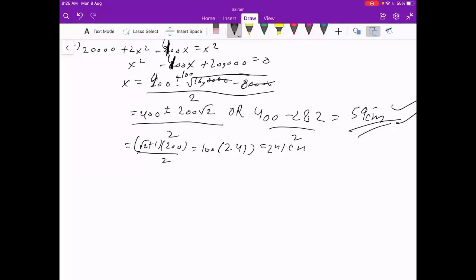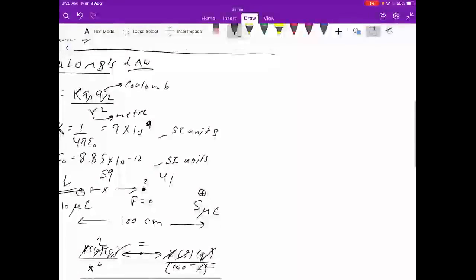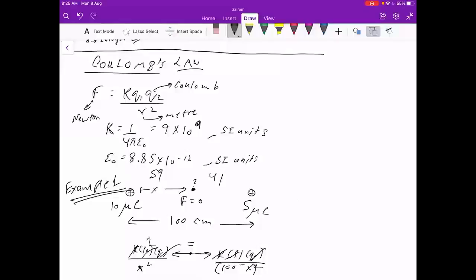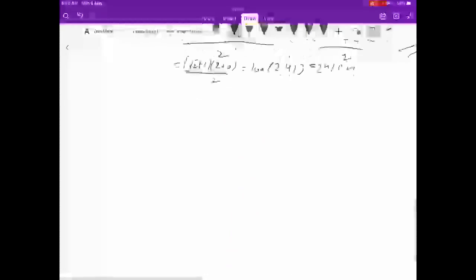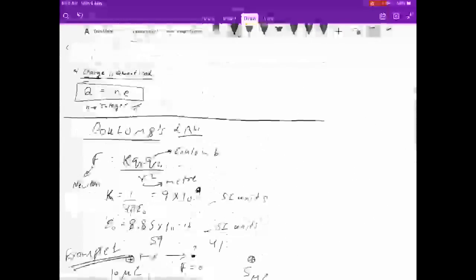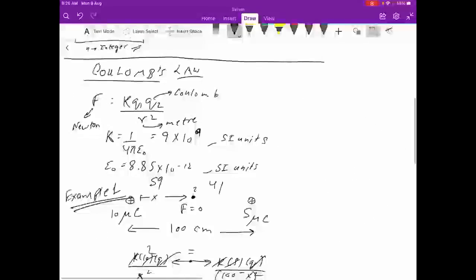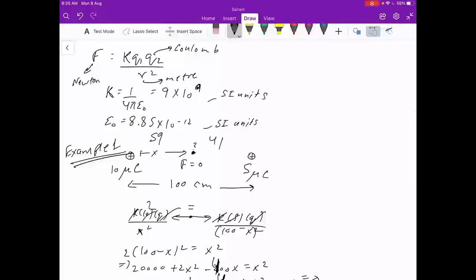So it can only be placed between the two charges. Even on the right hand side of the smaller charge, if you look at it this way, there is another point. If we think intuitively, we'll get the answer, which is a distance of 241 from the left one. And not on the left side, it has to be on the right side. That's what we have to judge, because there is a smaller charge.